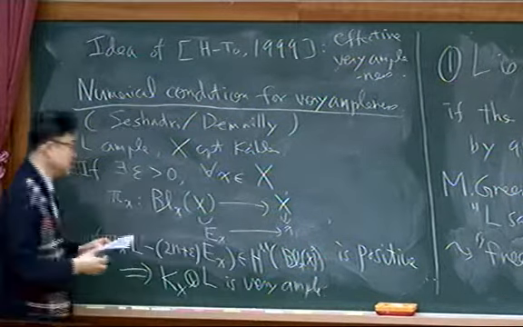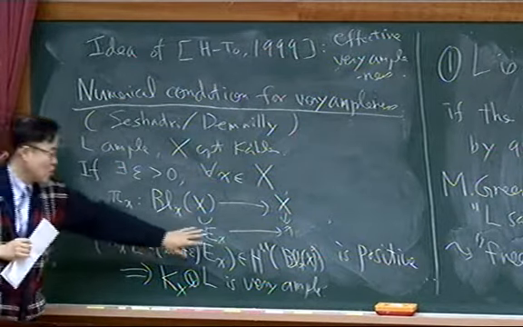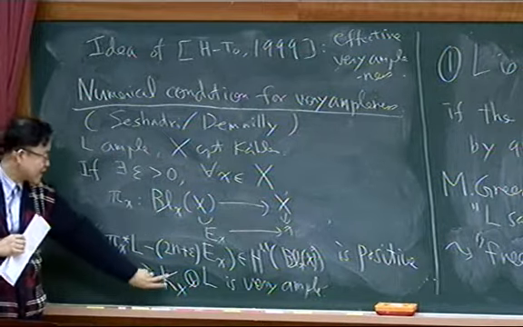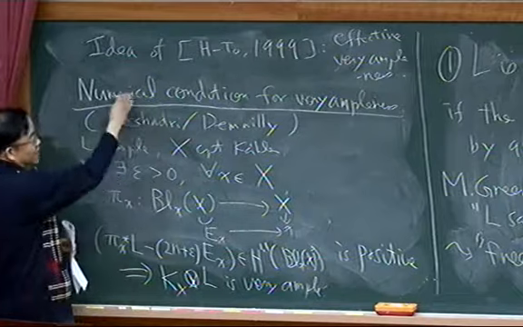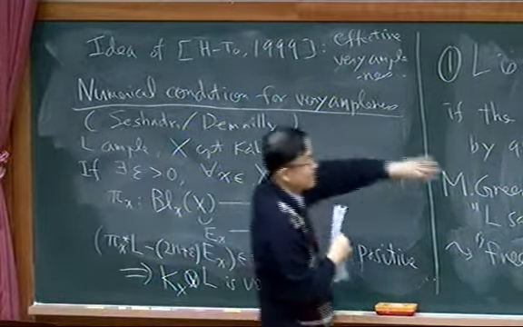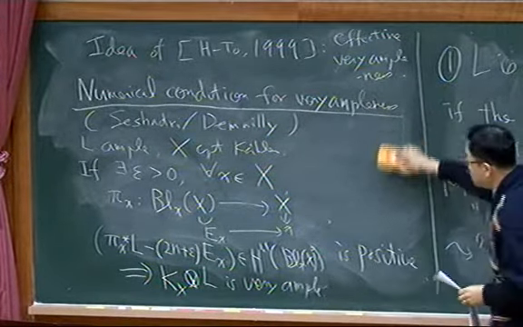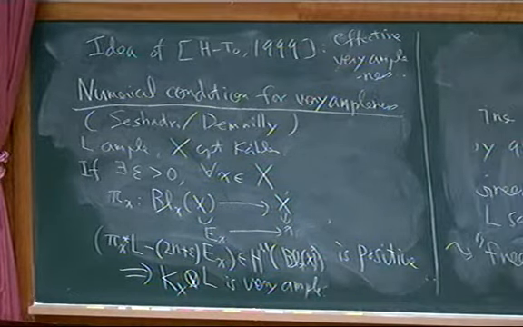So it gives a condition in terms of numerical information on the cohomology which guarantees that this line bundle K_X tensor L is very ample. So this is a numerical condition for very ampleness. To prove our effective very ampleness theorem, we use this condition. And we check this for the hyperbolic manifold by the following inequality.